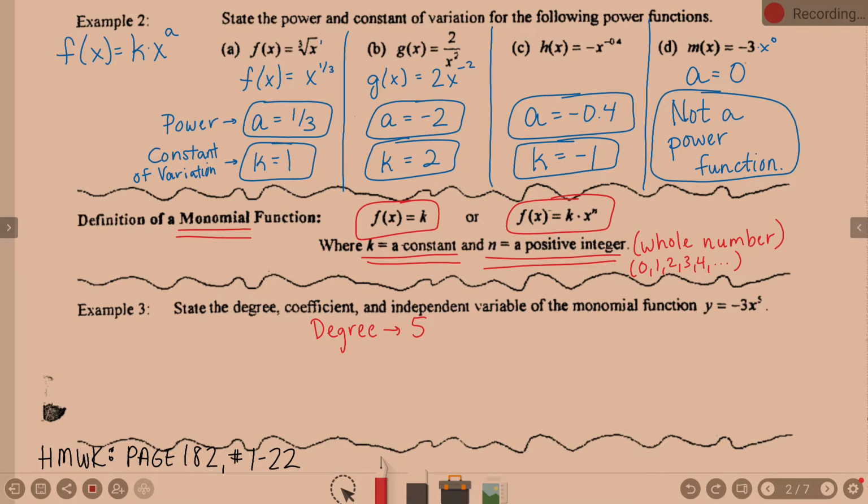So, single term, degree is 5. What else did we want? Coefficient. What do I mean by coefficient? The number before x, which in this case is negative 3. The degree came from n equals 5. The coefficient is your k value, right?